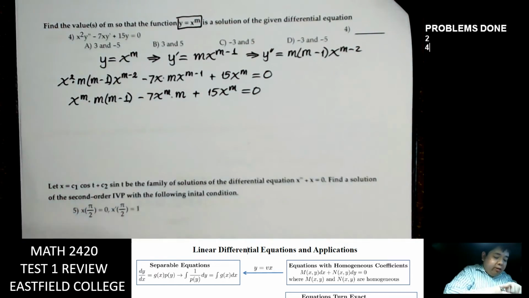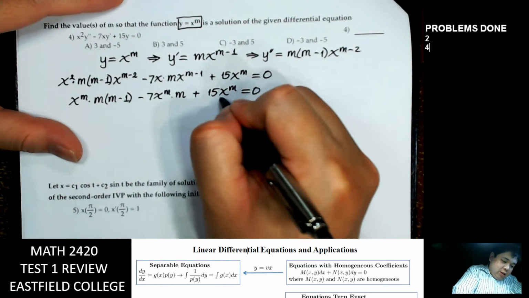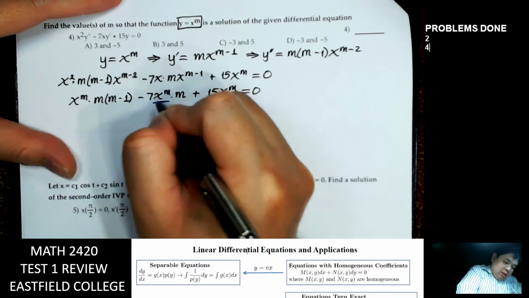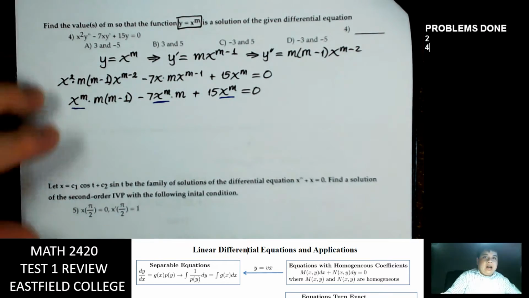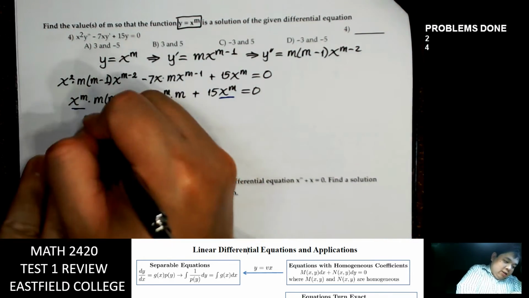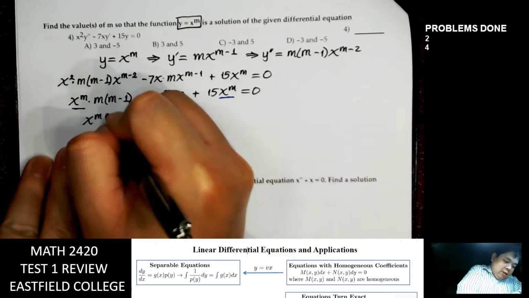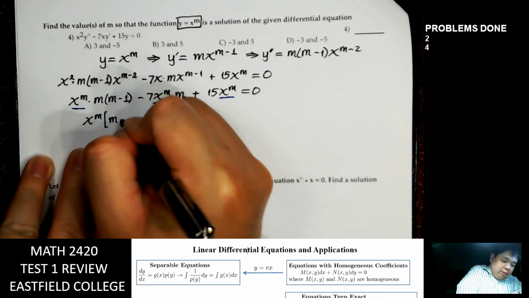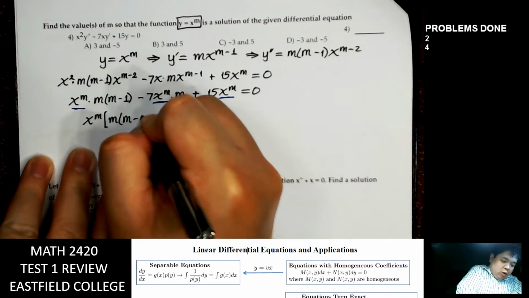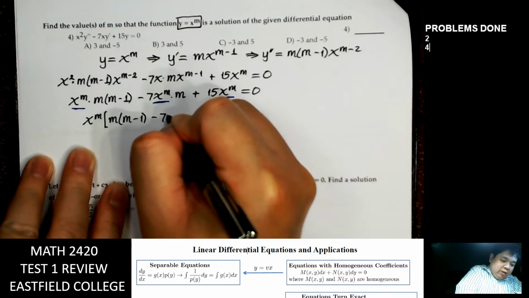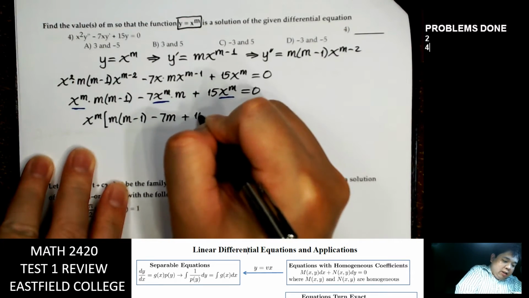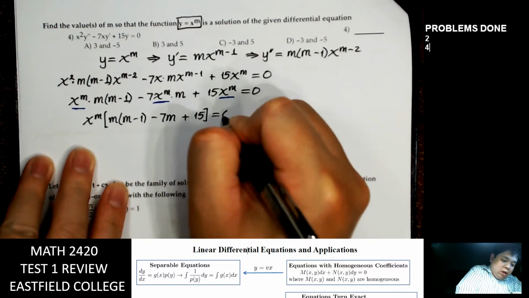All of them have x to the m power. So we'll factor it out. We'll have m times m minus 1 minus 7m plus 15 equal to 0.